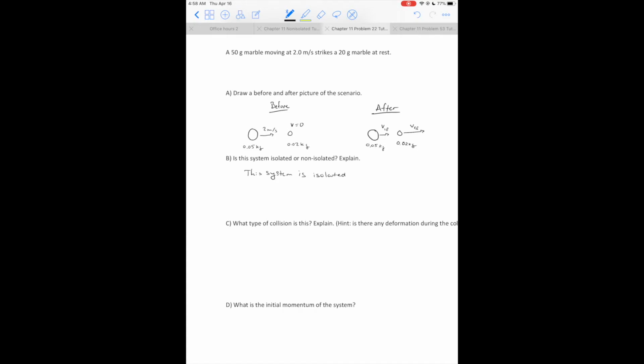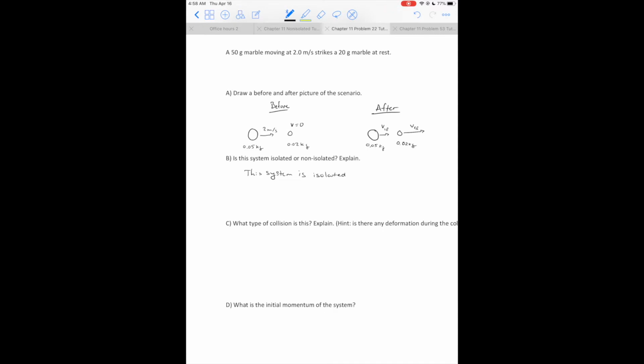Our wall is connected to the rest of the building that we're in, which is connected to a foundation, which is in turn interacting with the earth around it, right? So we really need to consider all of these things to truly make it an isolated system, and that's very complex.